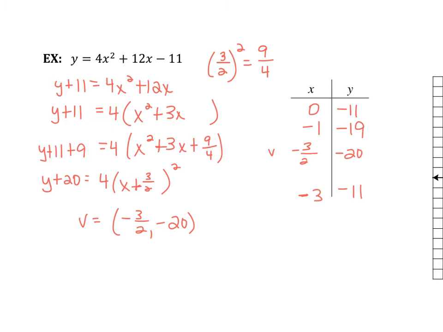And again, you may need to go through and actually write that out. So let's say we take the original form. Negative 1 squared is going to be a positive 1, so that becomes 4, and then minus 12 minus 11, so that's going to be a negative 19. And then if I pick an x value of -2 and I plug that in, I would also get -19. All right, so let's take those 5 values now and graph those in our grid to the right.